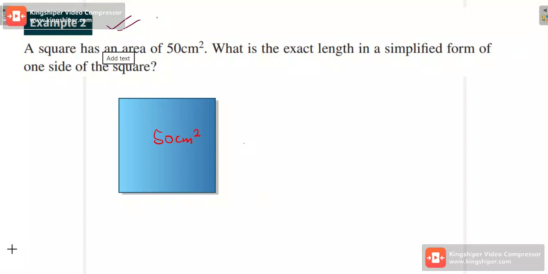What is the exact length in simplified form of one side of the square?